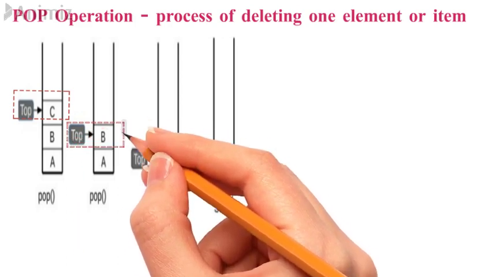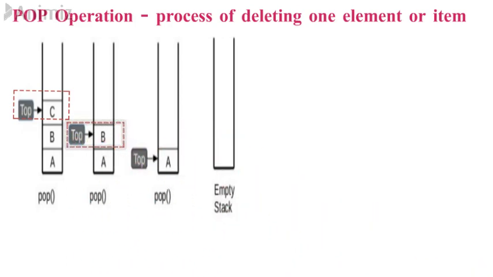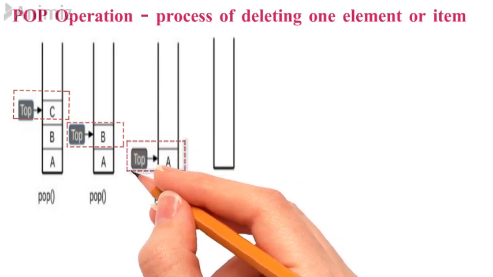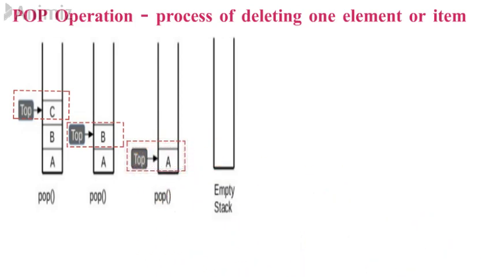Now in the second diagram I have only B and A. My top pointer points to B. Again, when I want to pop B, I have to decrement the top pointer again. So I am decrementing the top pointer to the position A. My B has gone. So this process goes on.